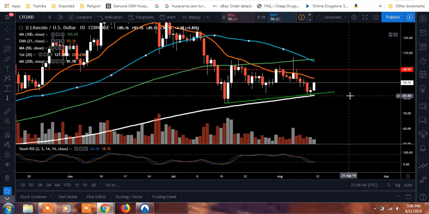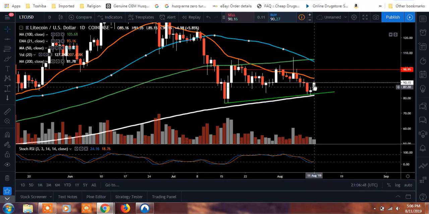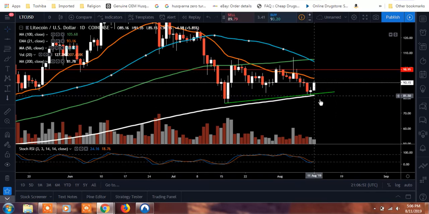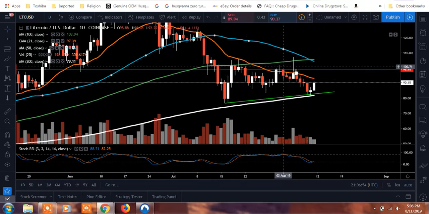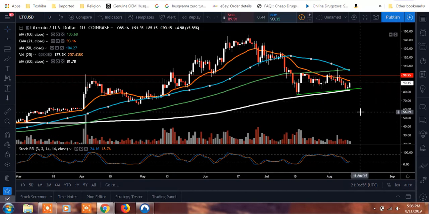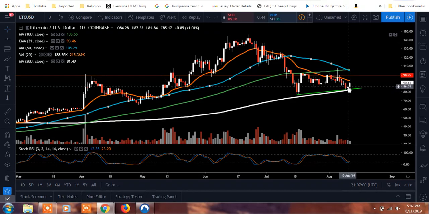So we do want to pay close attention to that. And yet again, we're getting sandwiched in between this 200-day moving average and this 21 moving average. Guys, you can keep squeezing and squeezing, and it can get tighter until it'll eventually just pop to the upside or to the downside.